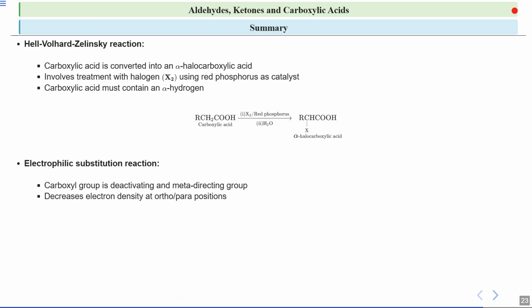As a result, reactions are less likely to occur at these positions and more likely to occur at the meta position. To summarize, the carboxyl group directs the incoming electrophiles to the meta position of the benzene ring.